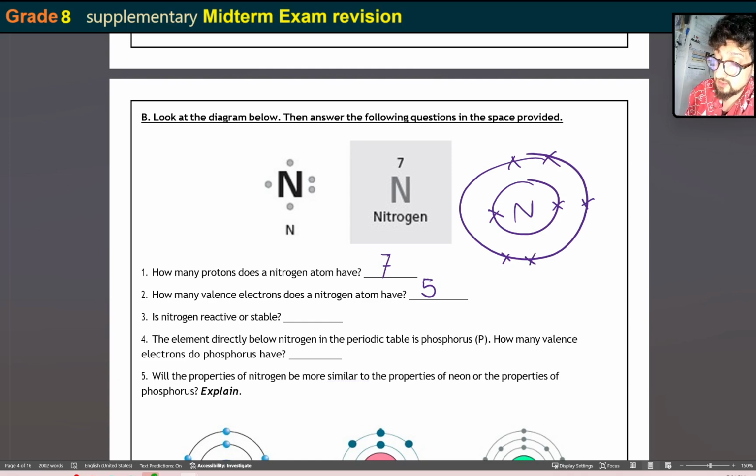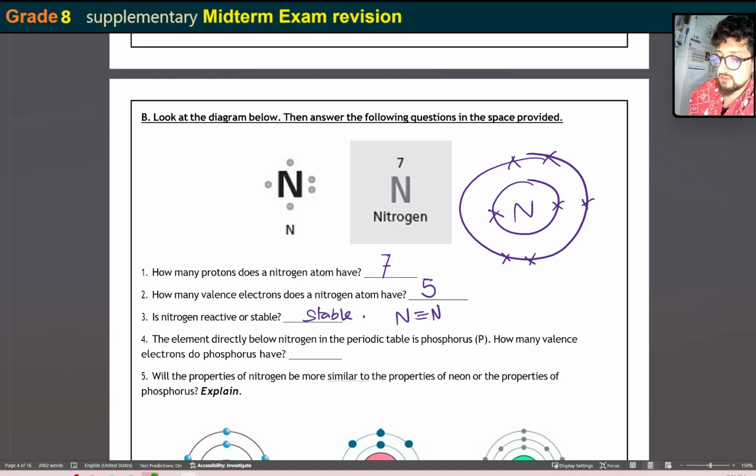Is nitrogen reactive or stable? I'm going to go with stable, because I'm going to assume that it's talking about nitrogen gas. Nitrogen gas has 3 covalent bonds, which makes it very, very stable. Nitrogen is used as a gas filler to protect against, like, in transporting petrol in large container ships, they pump in nitrogen to get rid of the oxygen inside.